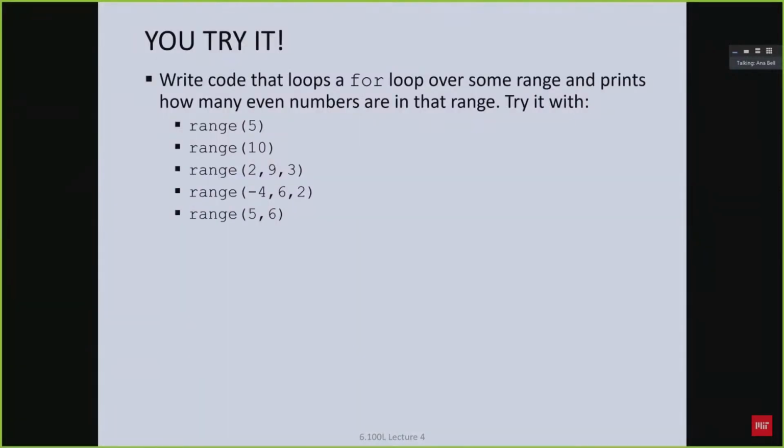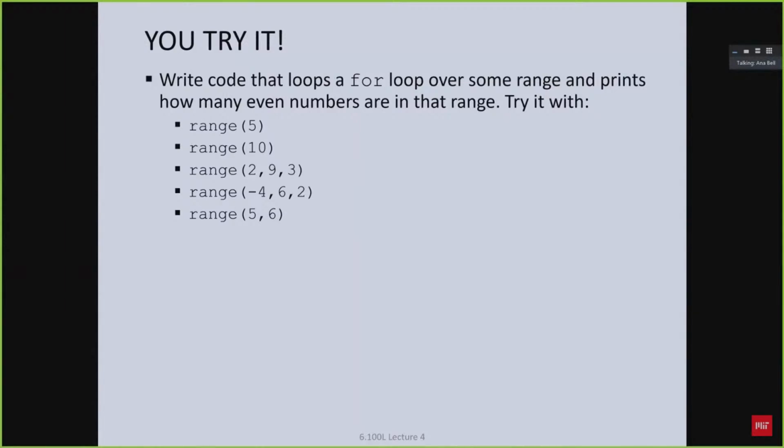Okay, so let's have you write a little bit of code, and this is maybe a little practice with just loops in general that we saw last lecture. There's no break in this particular program, just a little bit of practice. What I want you to do is write code that has a for loop running through this range. So for I in, pick one of these.